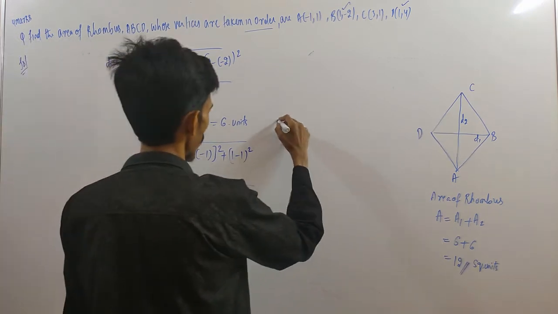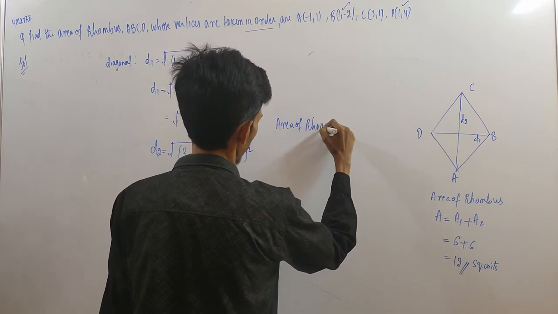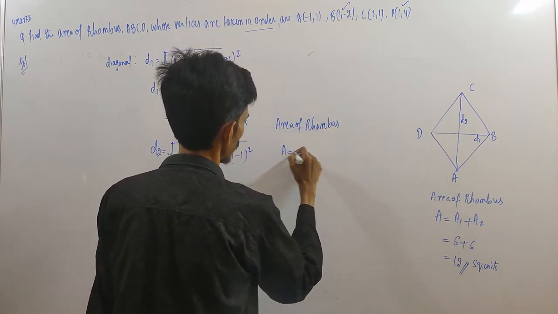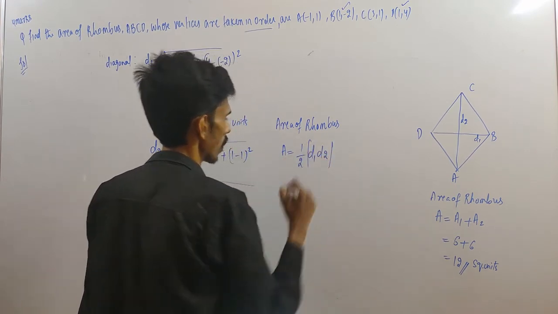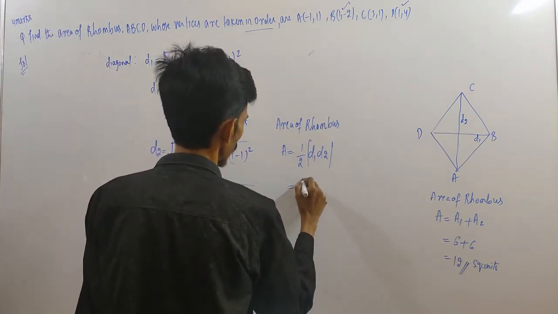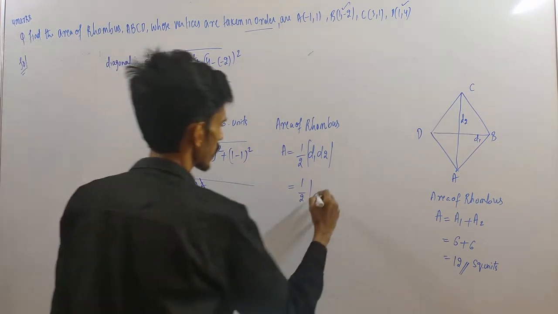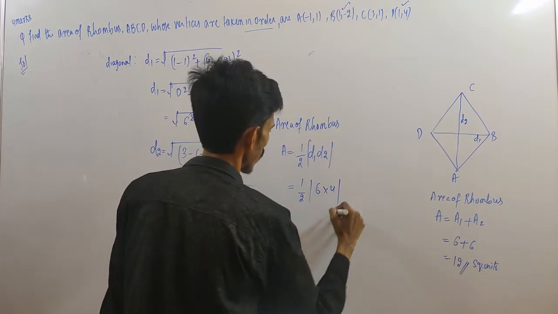Now the area of rhombus. Area of rhombus A is equal to 1 by 2 D1 D2, that is, 1 by 2 into the product of the diagonals. D1 we have 6, D2 we have 4.